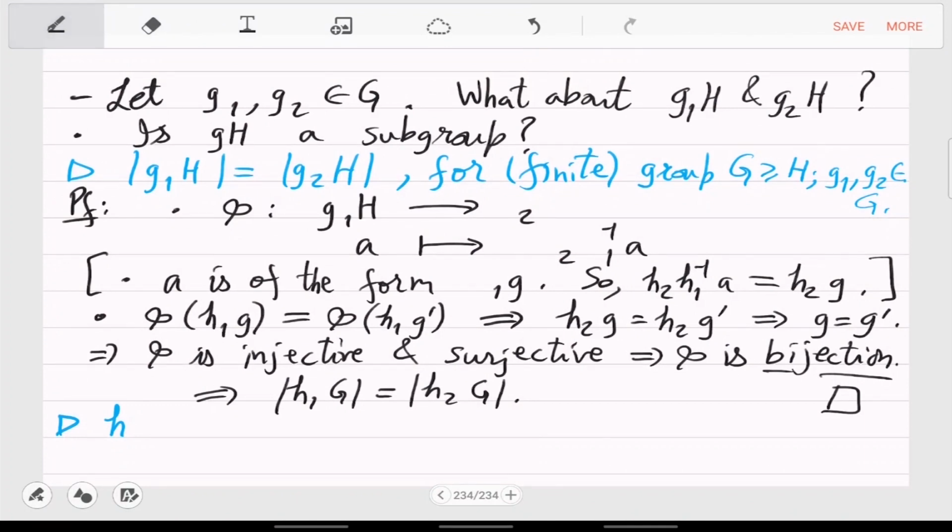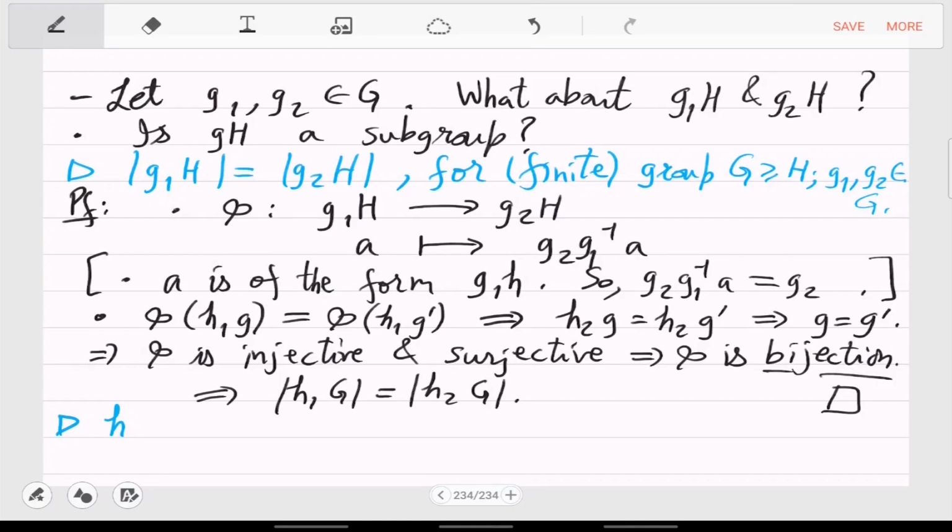So G1H, G2H. And so A is of the form G1H now. And G2 G1 inverse will then be what?